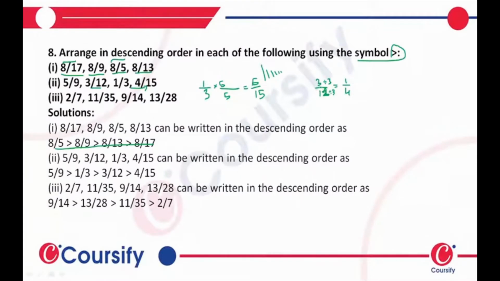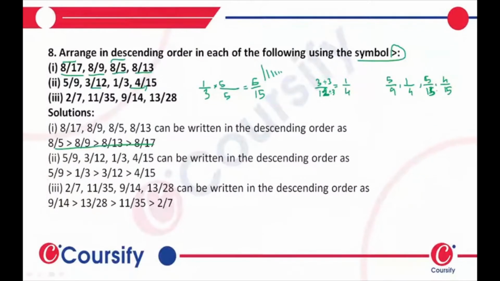Now let's see 5 by 9. Nothing much can be done for 5 by 9. So now we have 5 by 9, 1 by 4, 5 by 15, that is 1 by 3, and 4 by 15.